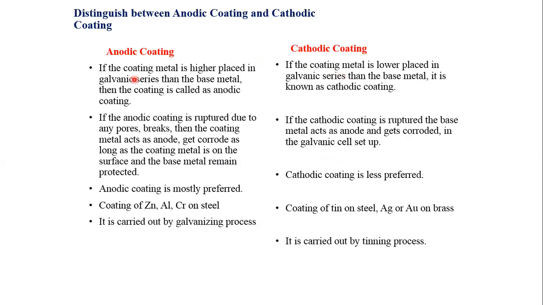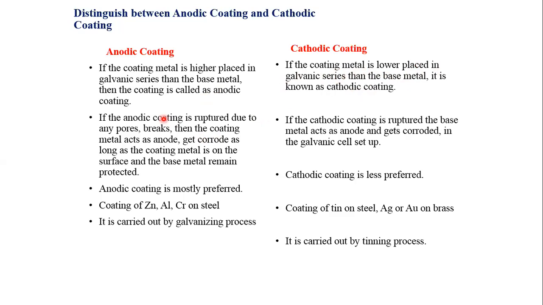Now let us distinguish between anodic coating and cathodic coating. If the coating metal is higher in the galvanic series than the base metal, it is called the anodic coating. In cathodic coating, if the coating metal is lower in the galvanic series than the base metal, this is called the cathodic coating.